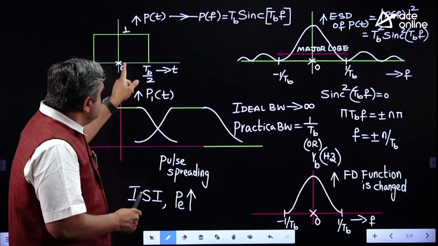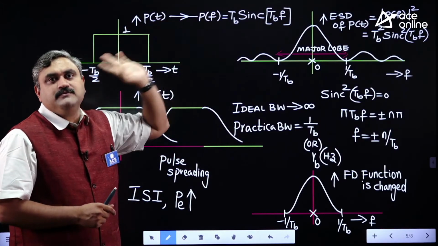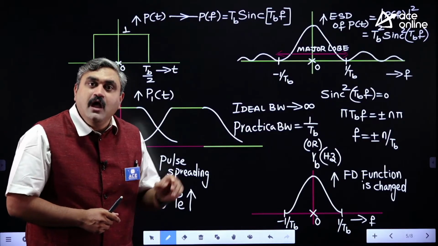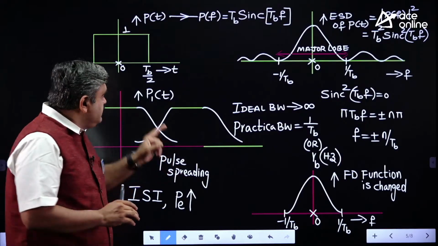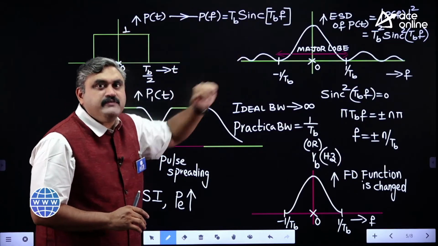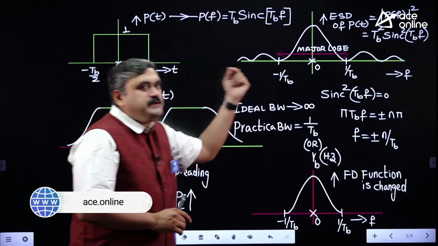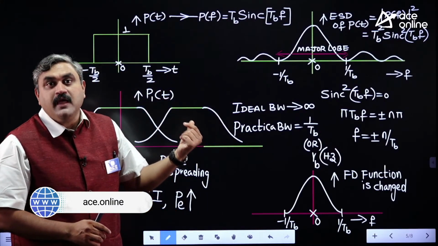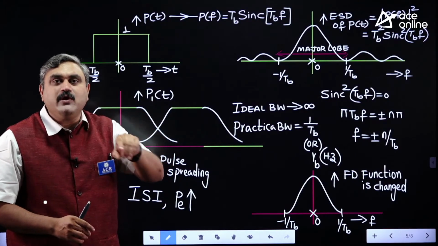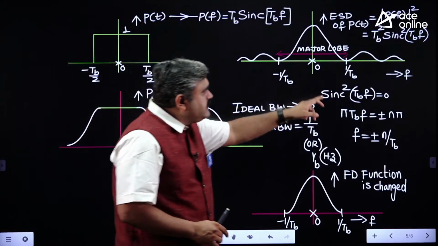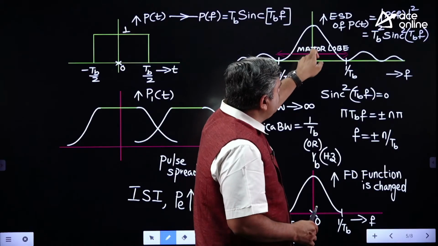That means you take a rectangular pulse in frequency domain. Automatically it is stopped or not? You did not stop it by using any low pass filter. This pulse we took in frequency domain and automatically this pulse came into time domain. And the advantage you will have, because you sample only at 0 or integer multiples of Tb, you see here what is happening, you will get the pulse only at this value.